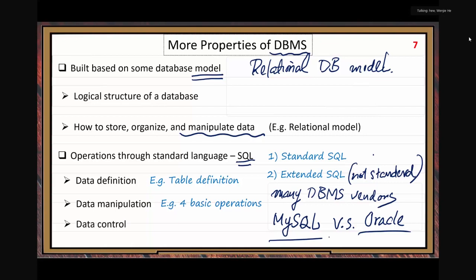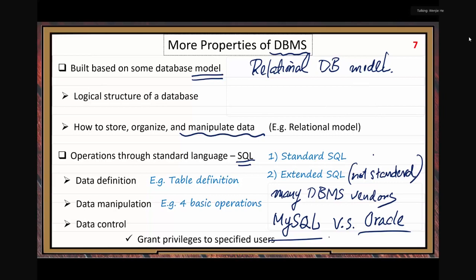Data control: several different levels of data control. Grant privileges to specific users. Different users have different privileges to access different tables.